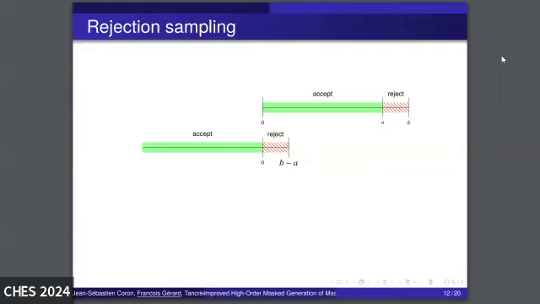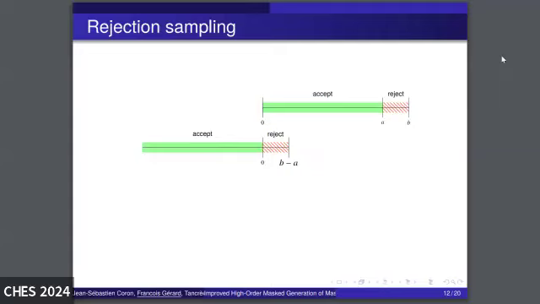The idea is the following. You look at your interval, and you want to know if you're between 0 and a or between a and b. For this, what you will do is shift the interval. In the first picture, we have the interval where you start from, and in the second one, we shifted everything by a. So now you have the accept values below 0, so these are big values modulo q, and then you have the interval, which is just at the start between 0 and b minus a.